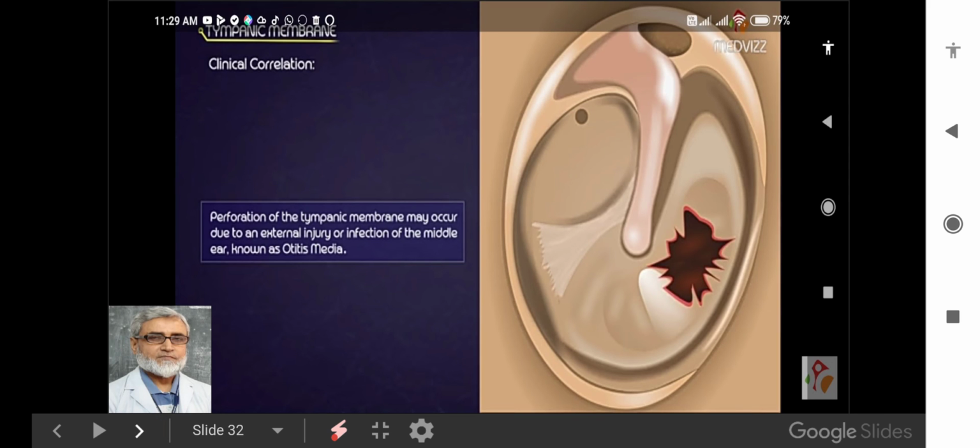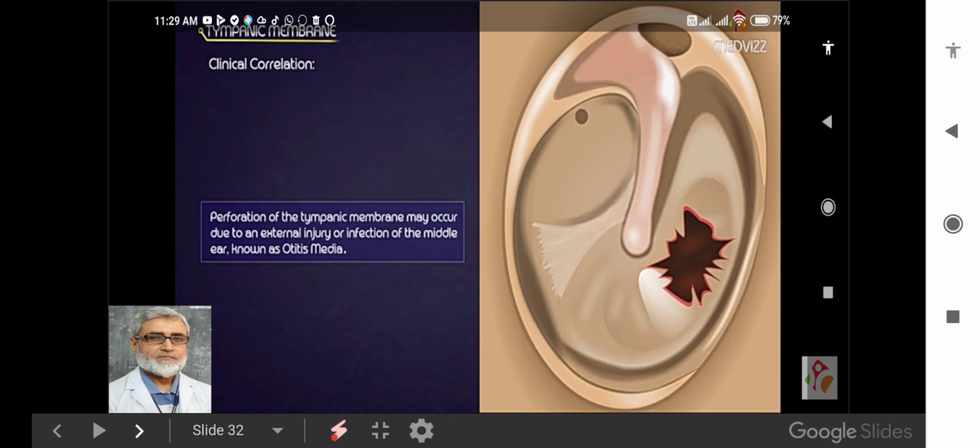This one is your tympanic membrane. Just see the tympanic membrane and handle of the malleus, antero-inferior quadrant. You have seen this perforation. This is known as perforation of the tympanic membrane, which leads to chronic suppurative otitis media, CSOM. That is the most common cause of infection in the ear with pus discharge and pain.